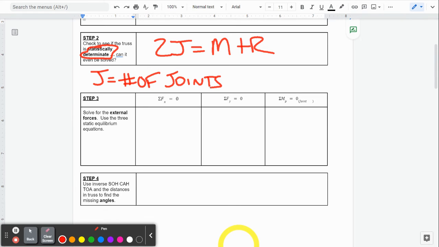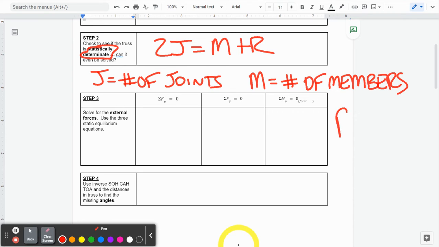And then M is going to equal the number of members. And then R is going to be your number of reaction forces, or number of reactions as well. All right, so we have 2J equals M plus R.